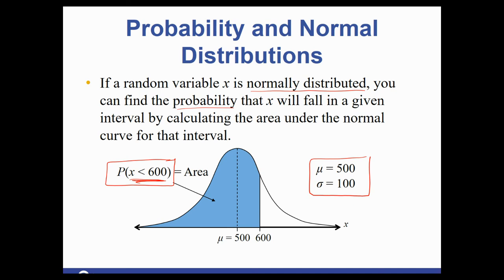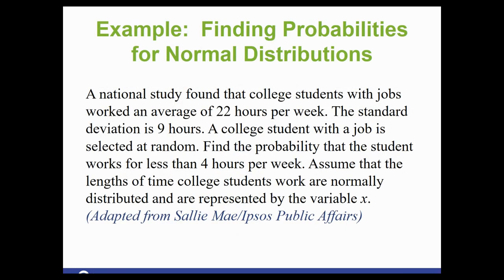Or they might say, in the situation, truly x less than 600 in the wording of the problem. I always recommend you find all the information, you make the sketch. We're going to have to switch all of this into a z-score, and then we use our calculator with NormalCDF. So let's try it out.